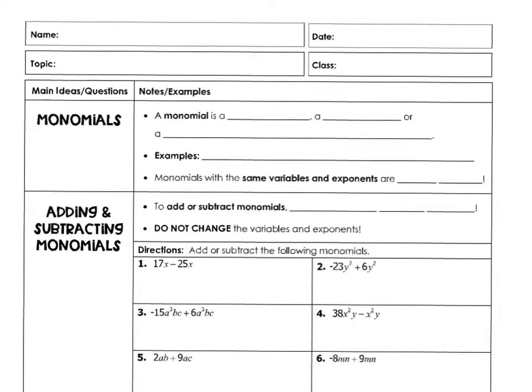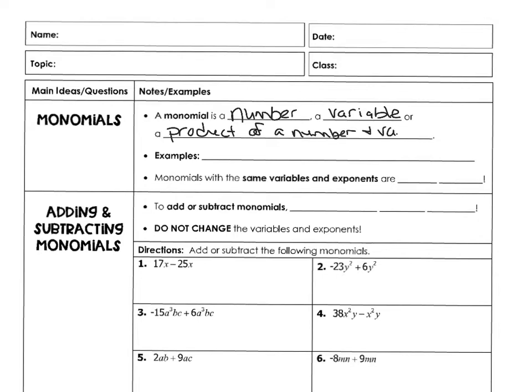Monomials. A monomial is a number, a variable, or a product of a number and variable.